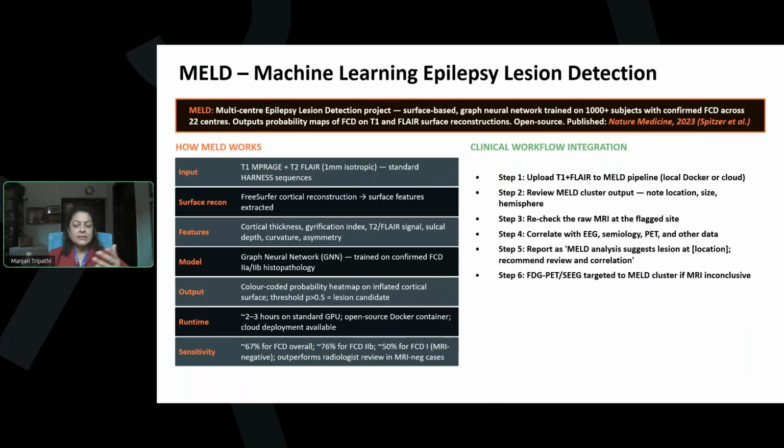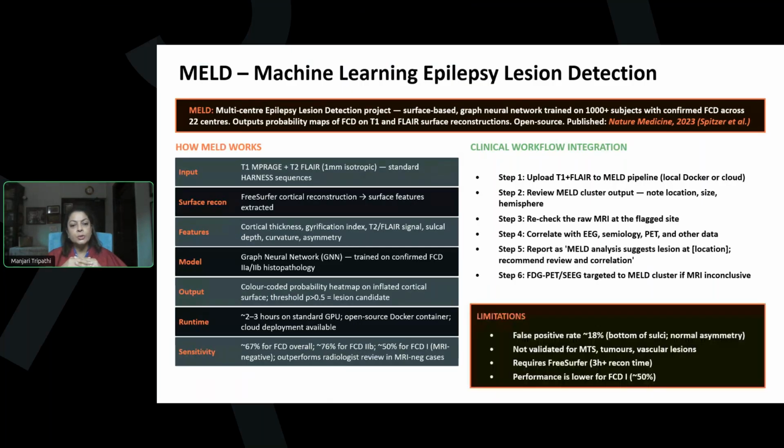So MELD is a good way to go, particularly for focal cortical dysplasias. It can give a false positive rate of 18%, but really it is something which we do almost routinely for all our patients, which are, on the first read of the MRI, substrate negative.